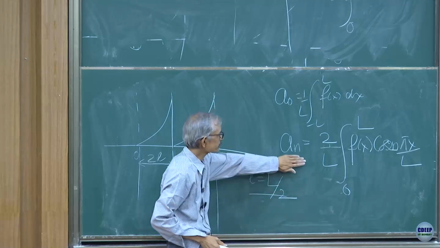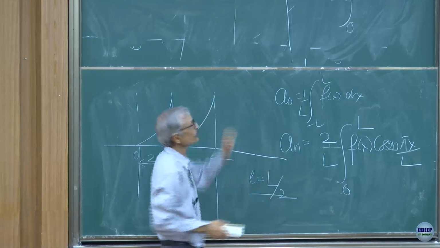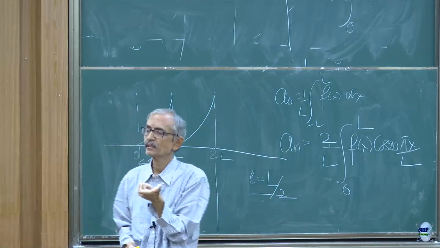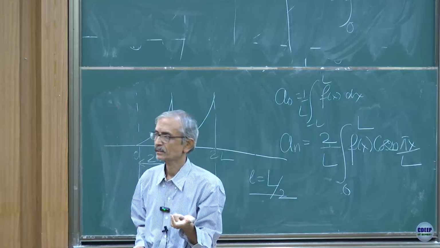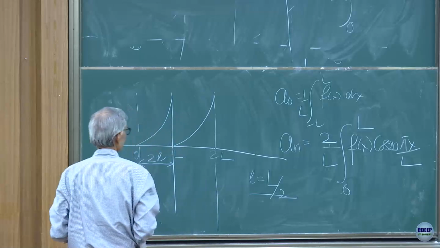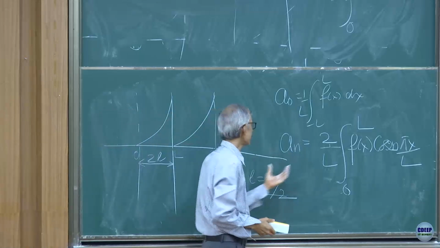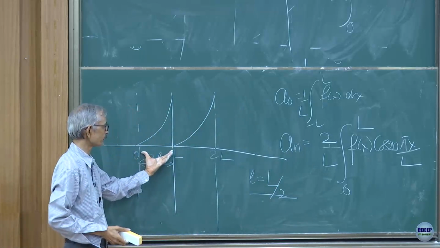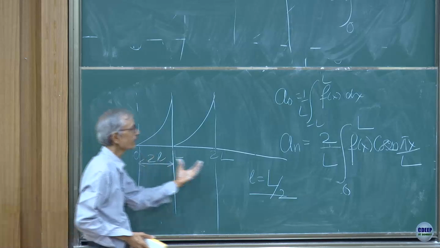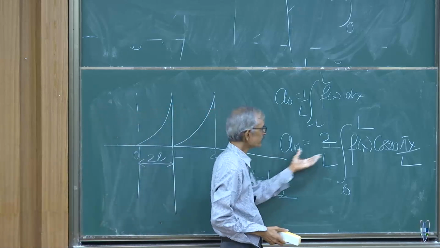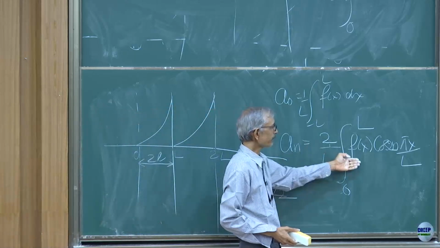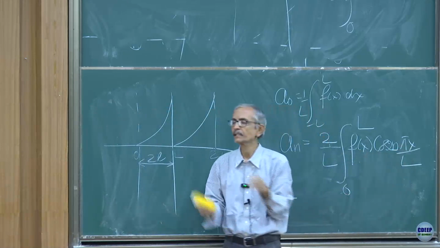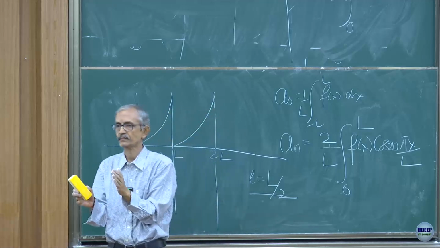Now look at this guy here and the guy who is sitting up there. Okay, the two look very similar, but they are not. That's what we want to point out here. When you are trying to get the Fourier series expansion of this type of a function, I'm having an a_n which is 2 by L, f(x) cos 2n pi x by cap L, where cap L is the period.